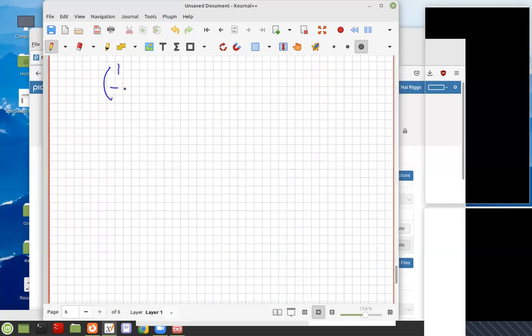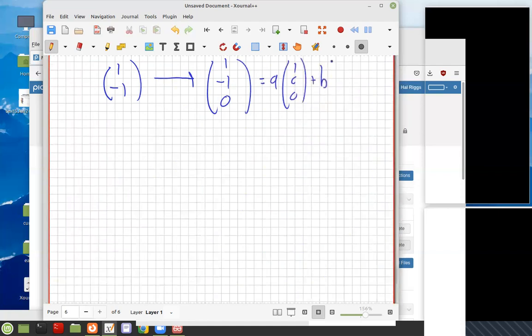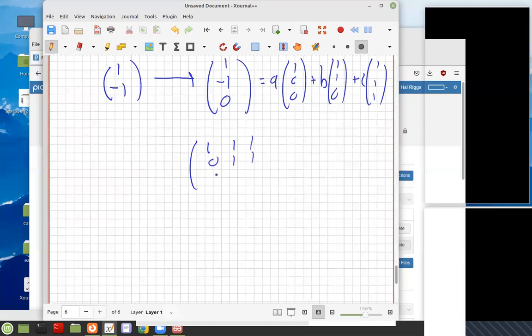the image of the other basis vector, which is (x, y), and we have to then represent that in terms of A (1, 0, 0) plus B (1, 1, 0) plus C (1, 1, 1). And that is the augmented matrix, which leads to C equals 0, from this last equation.